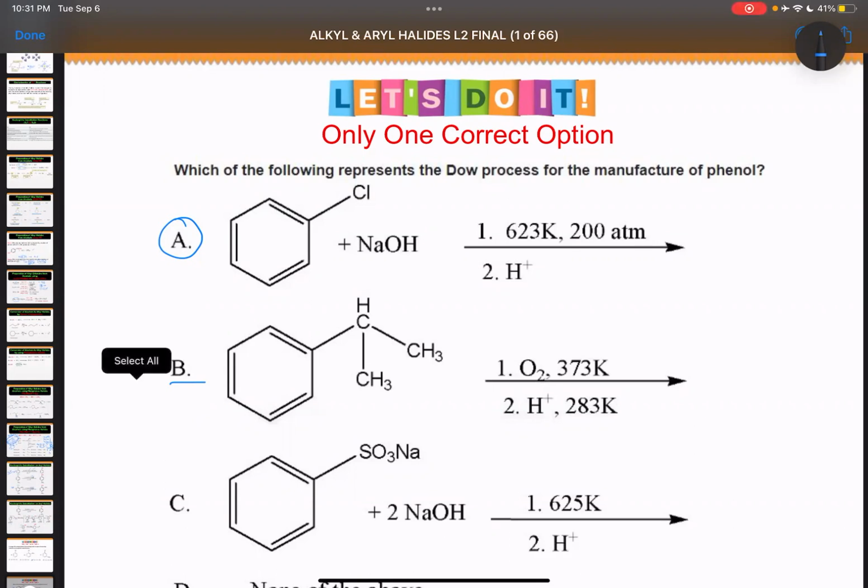Which one? Not electrolysis, no, no. We are not doing electrolysis. It is a very famous method. Okay, I will give you a hint. Start from C, CU.